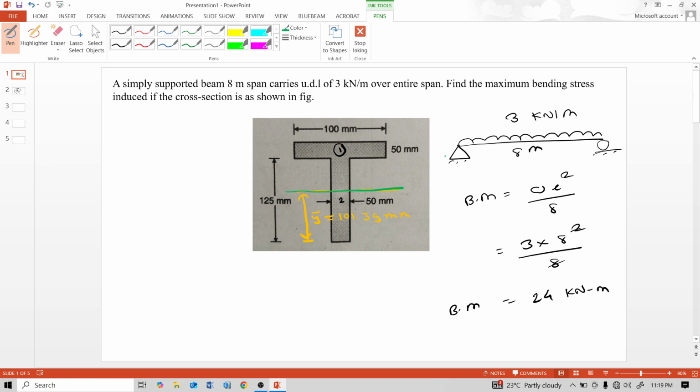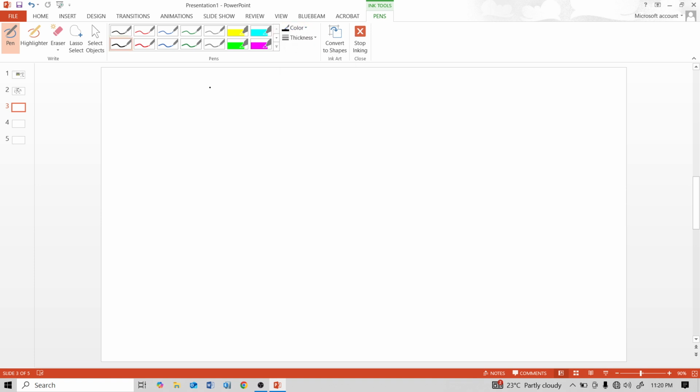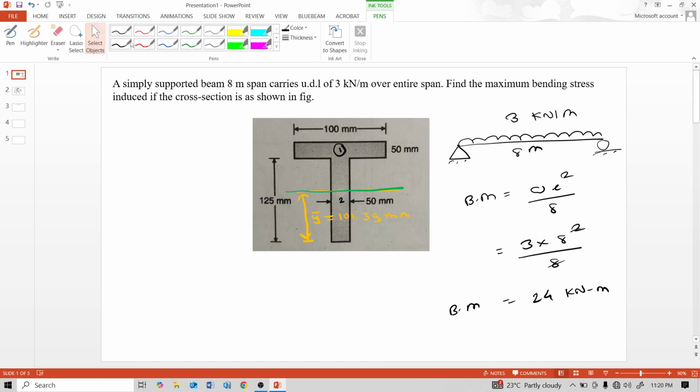The moment of inertia about this axis is denoted as I. For this calculation we use the formula I is equal to Ix1 plus Ix2. Here Ix1 is the moment of inertia of the flange part, and Ix2 is the moment of inertia of the web part.